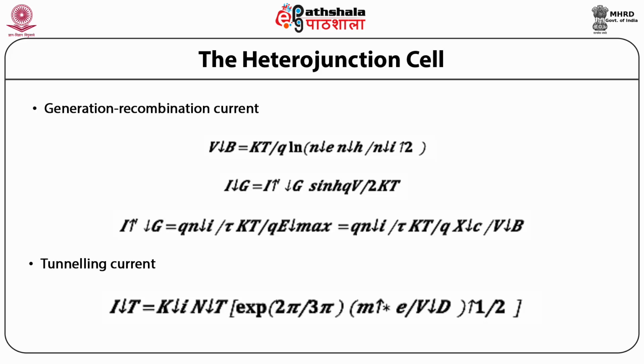Ig prime can be written as, depending on the dielectric constant, effective mass and built-in potential, equal to Q ni kT by tau Q Emax.